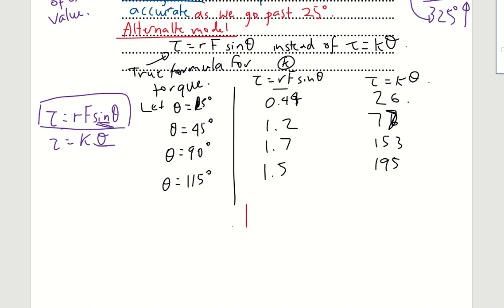The graph would look sort of like this, kind of drops down. And obviously it's a sine function, so it goes like that. But for this model that we have here, it continues to go linearly up. Okay, so that can't be correct.